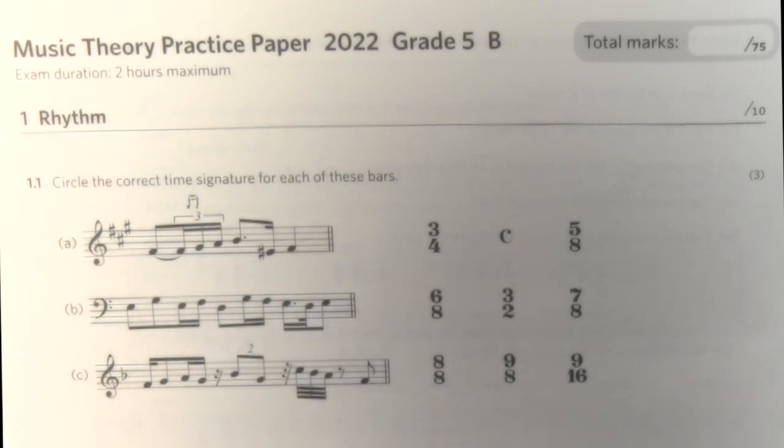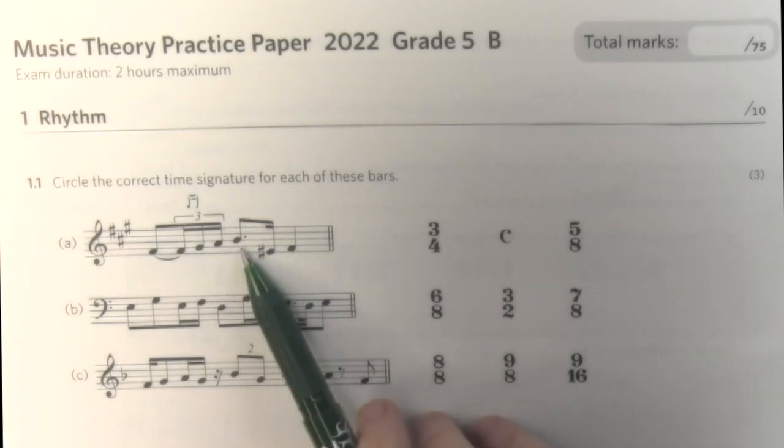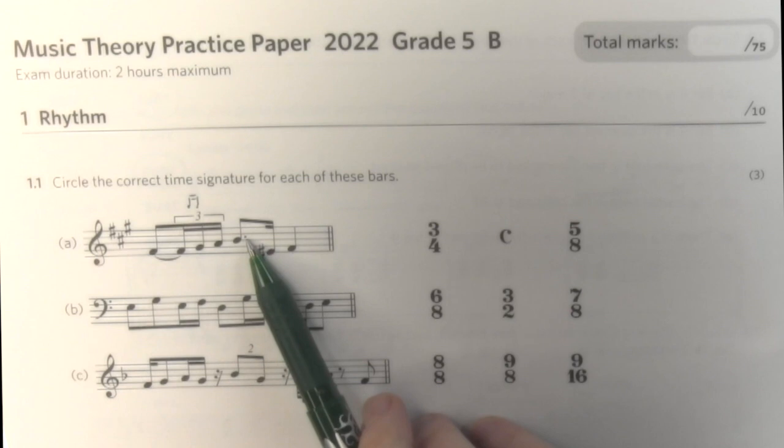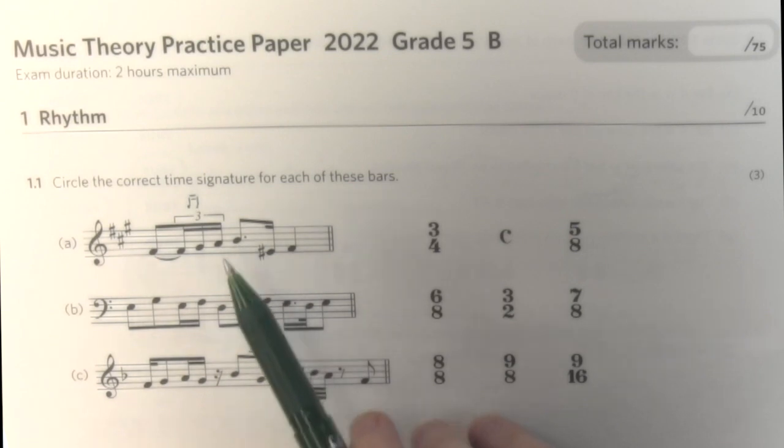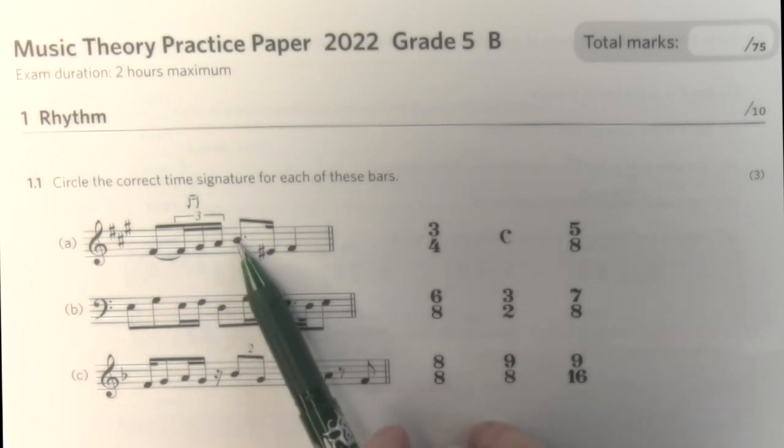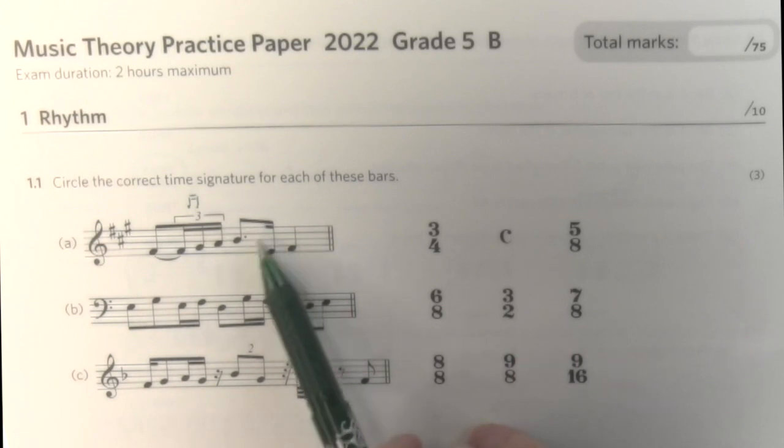Perfect. As for this, as I usually say, pair up the dot with the value next to the one where the dot is. So for example, a quaver needs to be paired up with a semiquaver, and this is it. Also, the grouping tells us a lot.